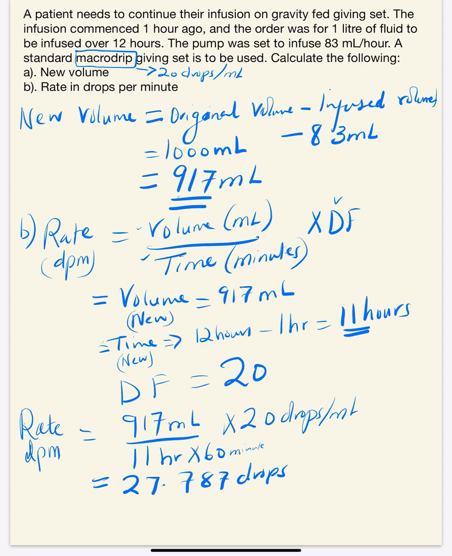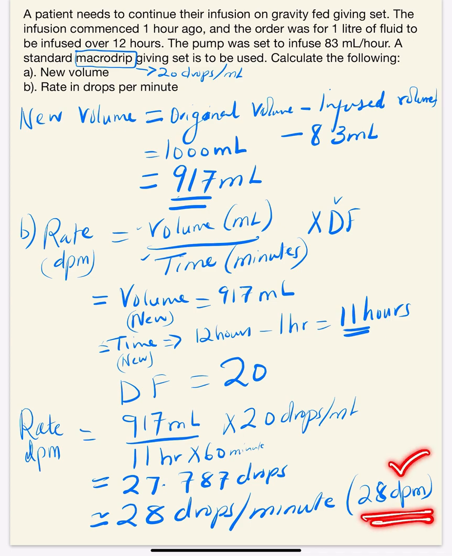So our rate can be estimated to be 28 drops per minute. It could just be 28 drops per minute, whichever way. It should be correct in terms of what you want to use. And that's what's required for Part B. Thank you.